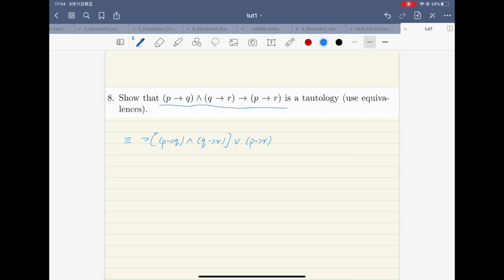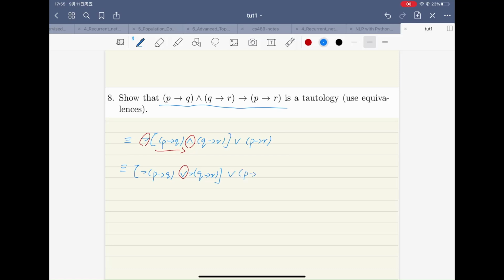And next step, we want to put the negation inside. So we have not (P implies Q) or not (Q implies R). We change the conjunction to disjunction because we put the negation inside.